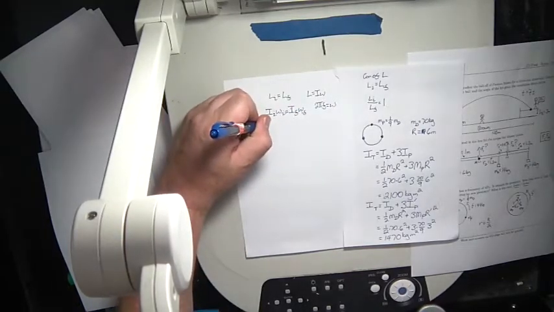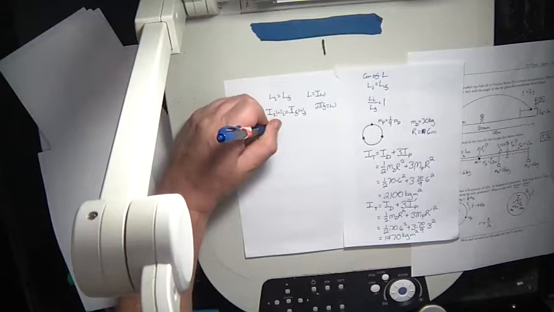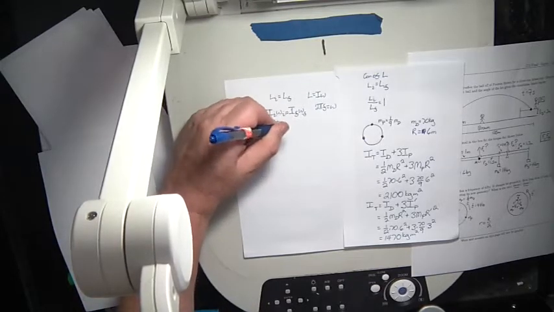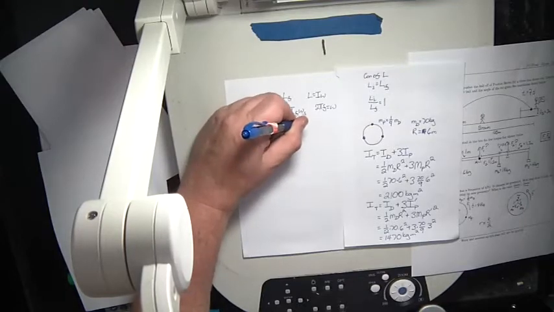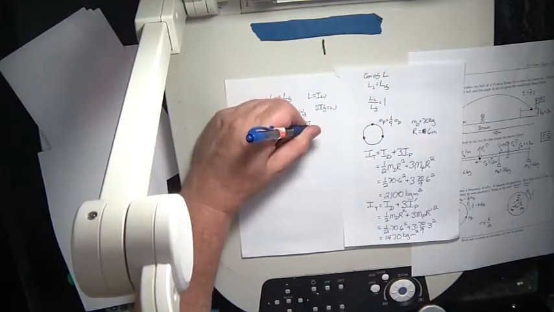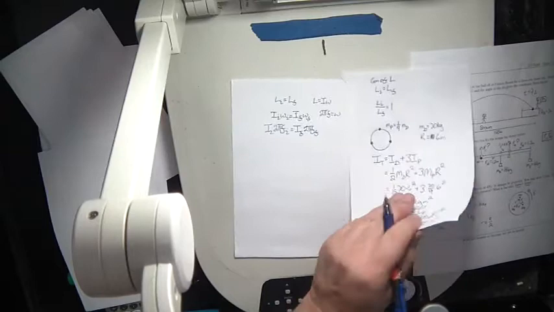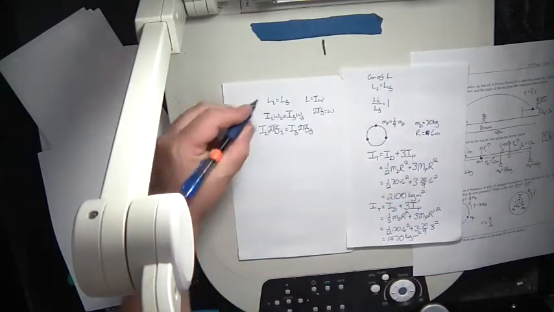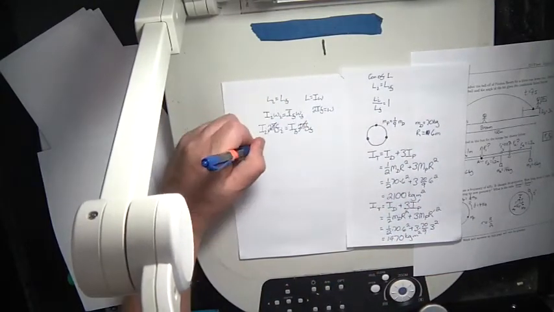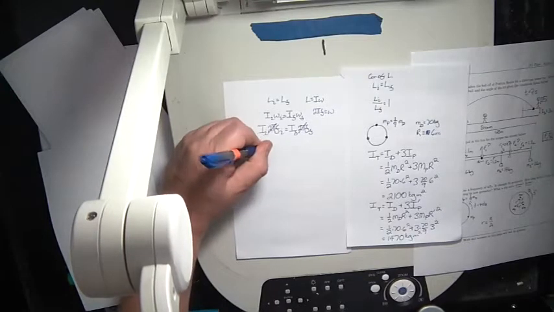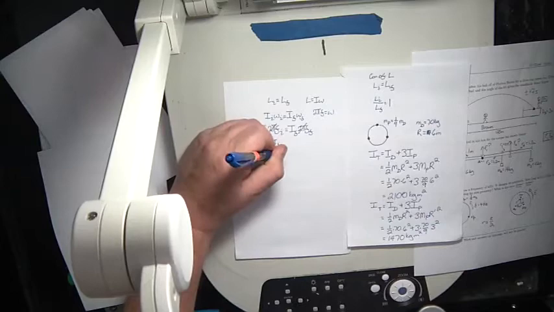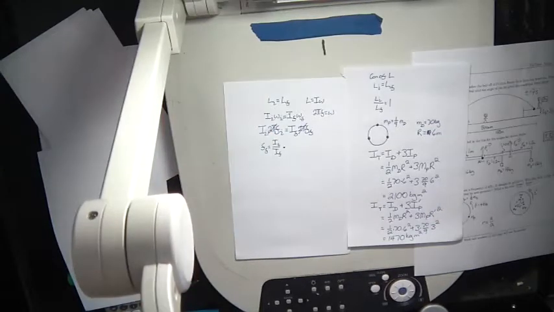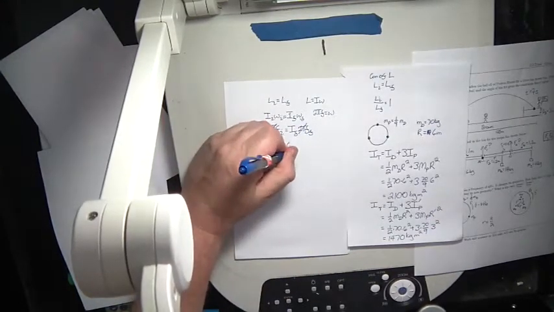So this is I initial 2 pi f initial is equal to I final 2 pi f final. The final frequency is I initial over I final times the initial frequency.